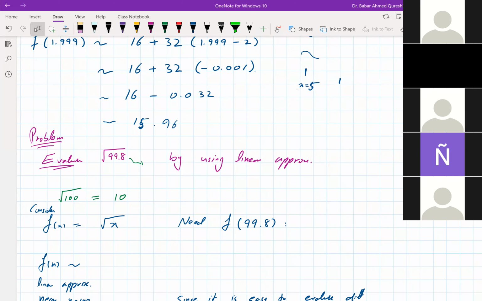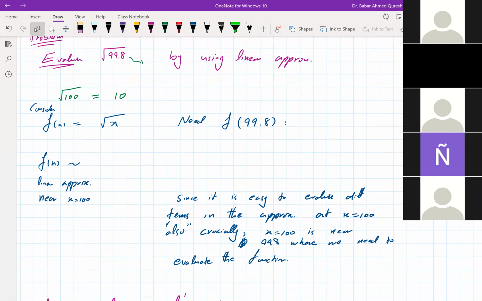Now, for example, let's do this. Yeah, I had written it from, let's see, did I write it from the book or did I write it myself?